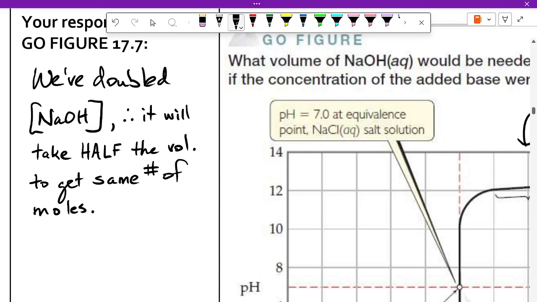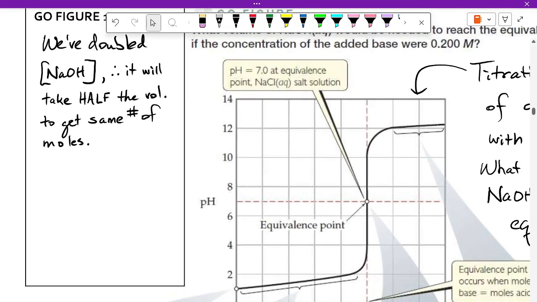So originally, how many milliliters did it take to get to the equivalence point? 50. Yes? So now it's going to be 25. And if you want to prove that to yourself, you can say, okay, original, we had 50 milliliters of 0.2 moles per liter.